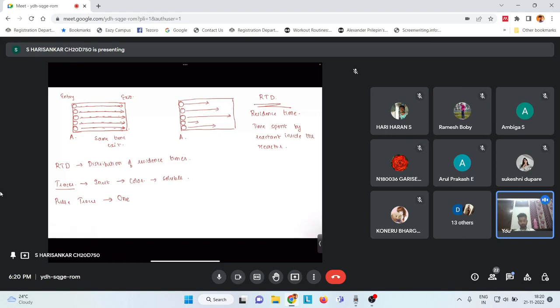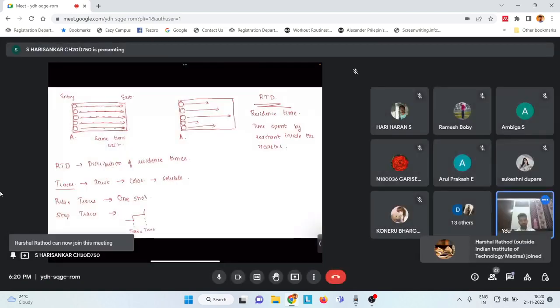Then there is the step tracer, where you inject, let's say, a unit amount of tracer at equal intervals of time, so it goes something like a step. At each time you will be injecting tracer. So this is a one-shot injection mechanism, and this is a sort of continuous injection.